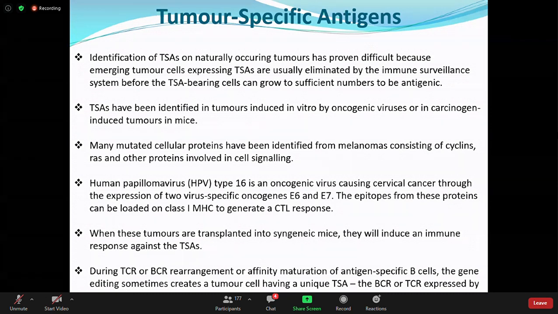And so one of the biggest success stories in the past 20 years was the development of the papillomavirus vaccine, which has significantly brought down the incidence of cervical cancer in women.